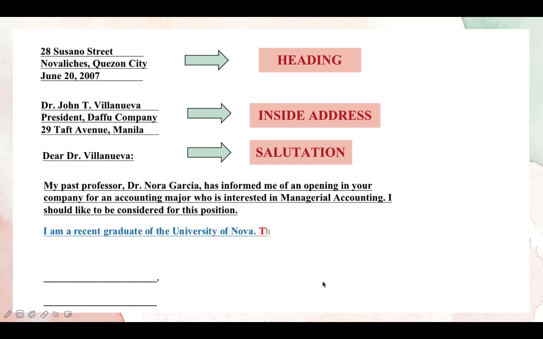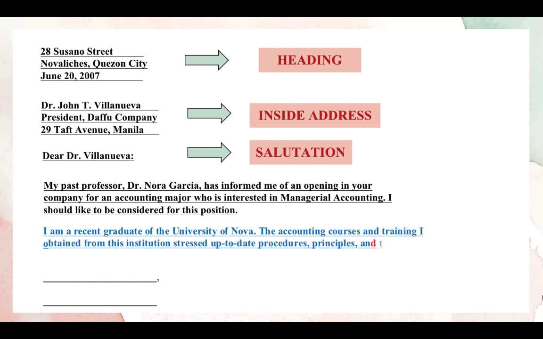In this example, I'm a recent graduate of the University of Iowa. The accounting courses and training I obtained from this institution stressed up-to-date procedures, principles, and theories that will enable me to have expertise in the job I'm applying for.